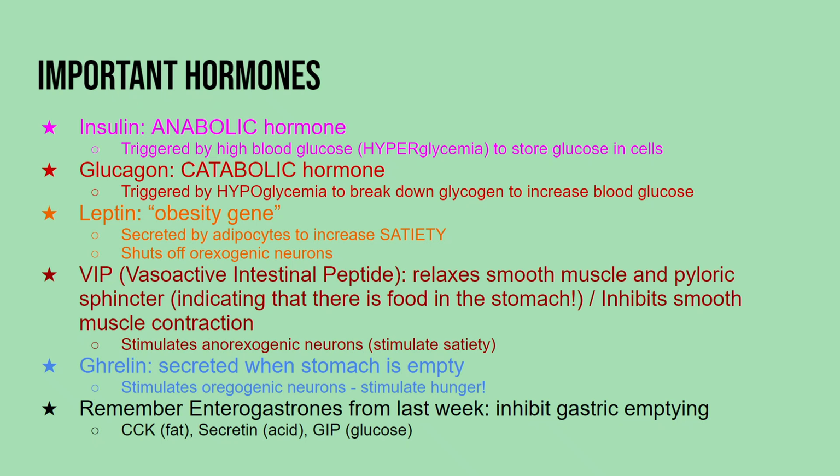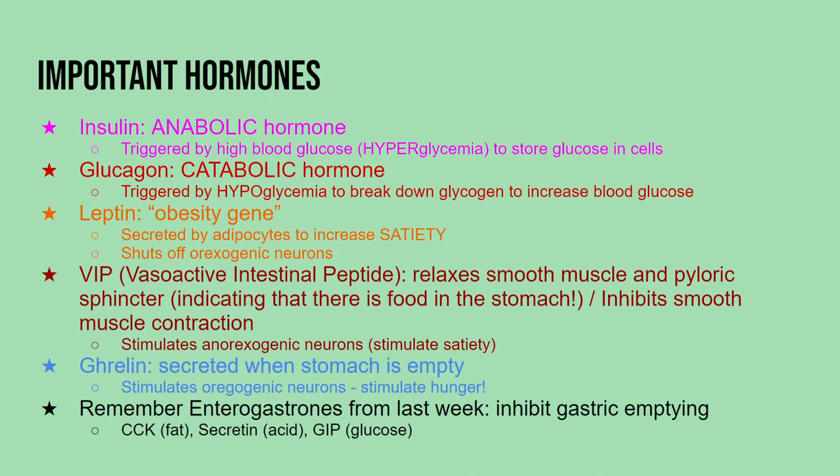And that's done by anorexigenic neurons. Ghrelin is stimulated or secreted when the stomach is empty. That's supposed to say orexigenic neurons. It stimulates hunger.